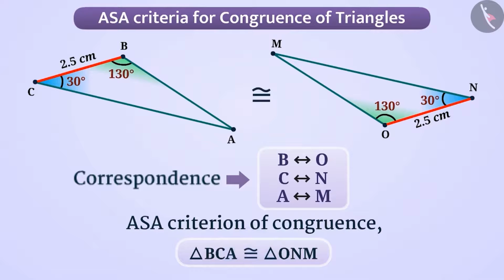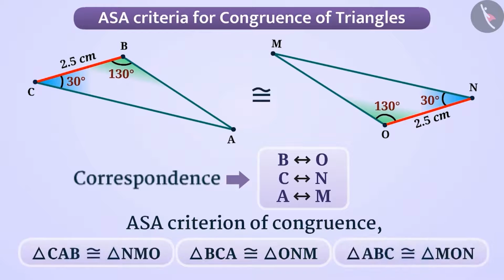Can the relation of congruency be shown only in this way? Think for a while. No, we can show it in different ways. But it is important to pay attention to correspondence when showing this relationship.